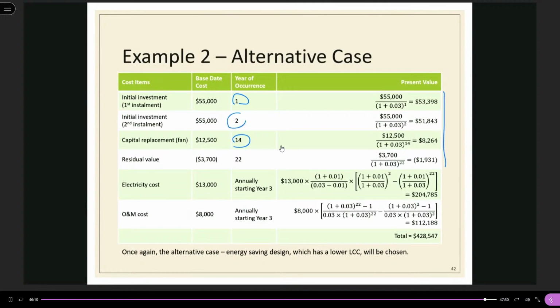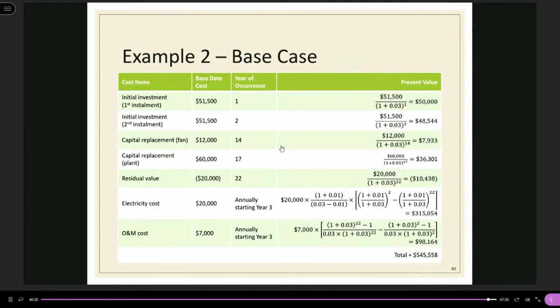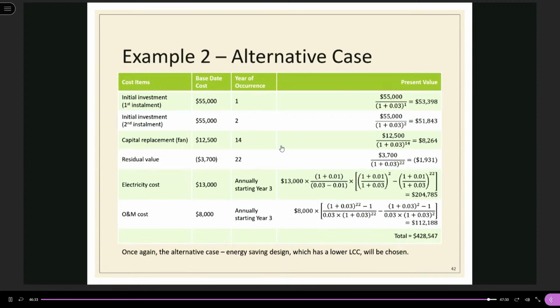These are changed, and once again, it should be the other way around: the 22nd year and then minus the second year. So we have the total life cycle cost. Okay, so which one is lower? Still, the energy saving design has the lower total life cycle cost.